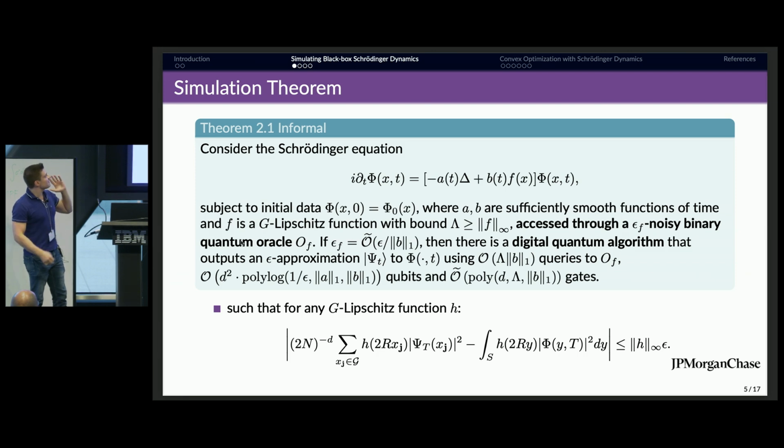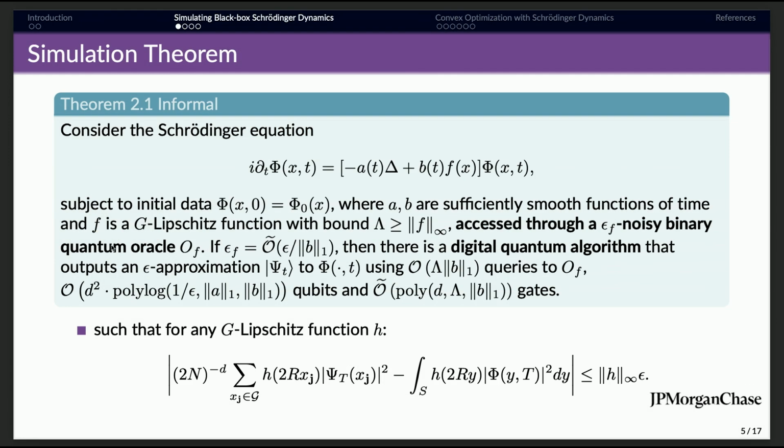If you have a continuous Schrodinger equation in real space, the one thing we require, which for our particular application of optimization is not a big deal, maybe a bigger deal in other physics applications, is that we assume the potential can be truncated. So we truncate this potential, and from there you can simulate the evolution on a digital quantum device, producing effectively a proxy state. This state is a quantum state over a grid: you take your real space, chop it off, and create a hypercube.